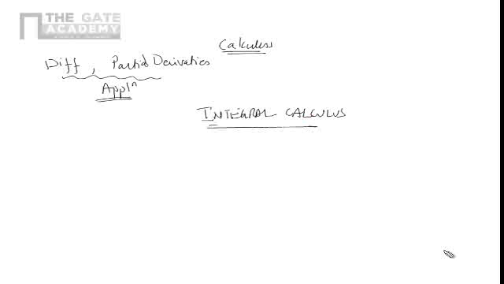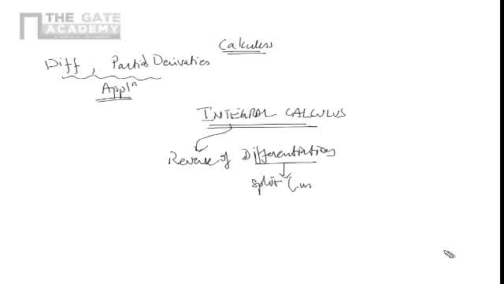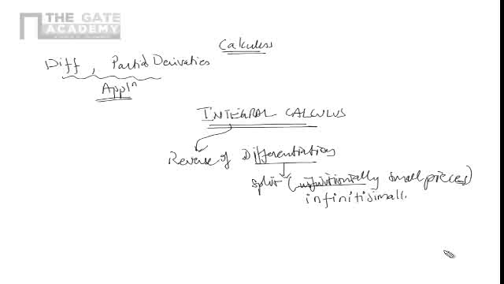The integration operation is defined as the reverse of differentiation. In differentiation, what did we do? In differentiation, we were splitting it into infinitesimally small pieces. Correct? Let me write it. Infinitesimally small pieces we were taking for differentiation.